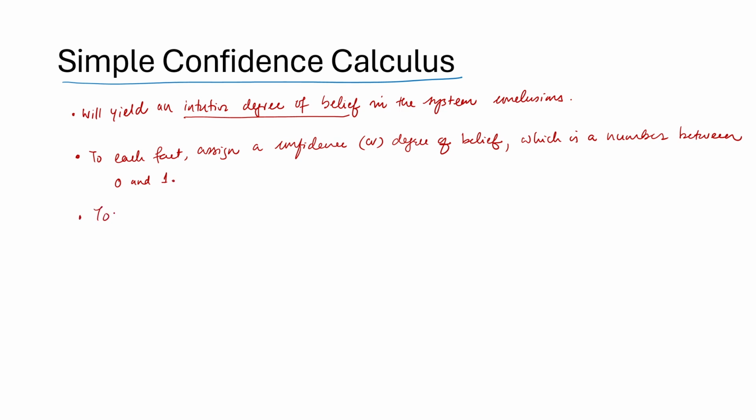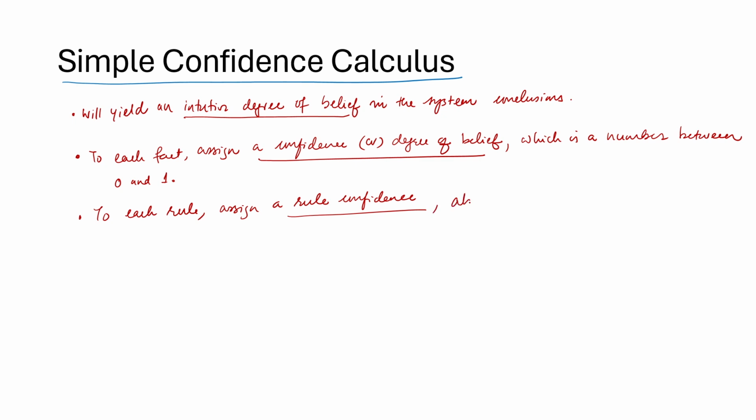Then to each rule we assign a rule confidence, also a number between 0 and 1. So, in the confidence calculus, for each fact we assign a confidence, a degree of belief, between 0 and 1, and for each rule we assign a rule confidence, which is also a number between 0 and 1. By using this, how do we do the rest of the stuff?